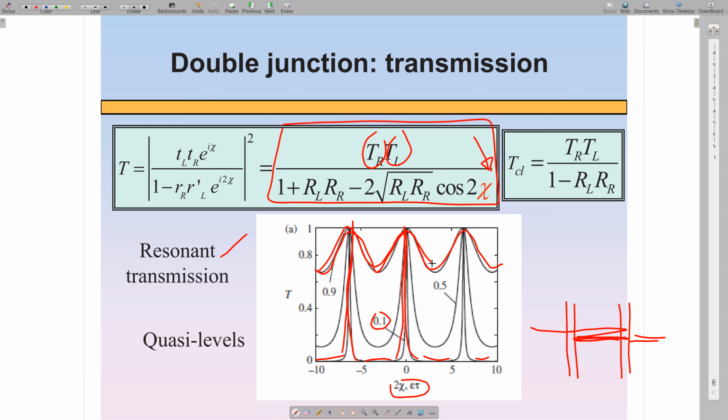Fine. Interference. And now what will we get if we integrate over the phase? Integration over the phase is a convenient way to cancel all interference effects.